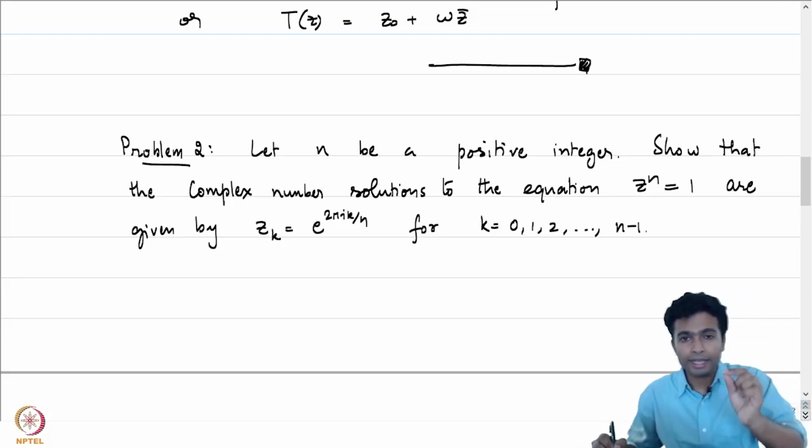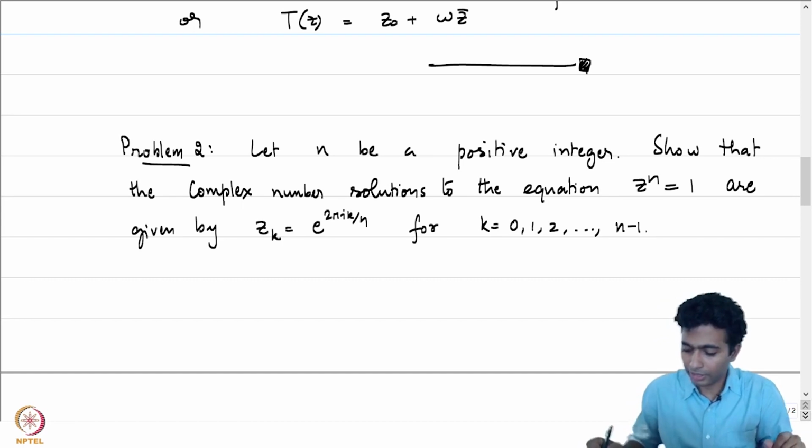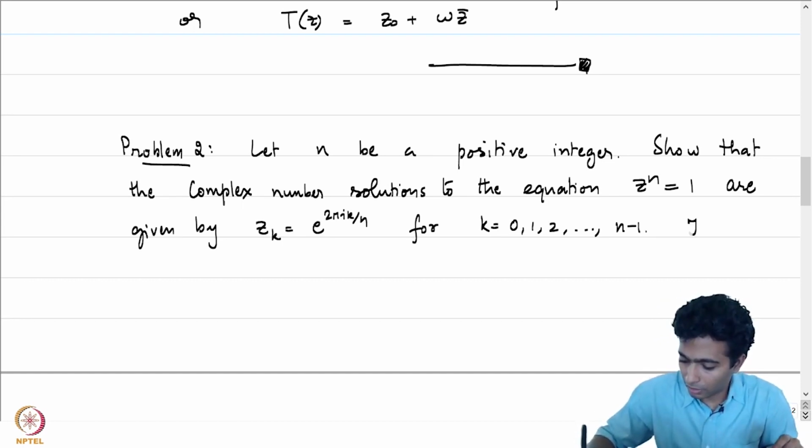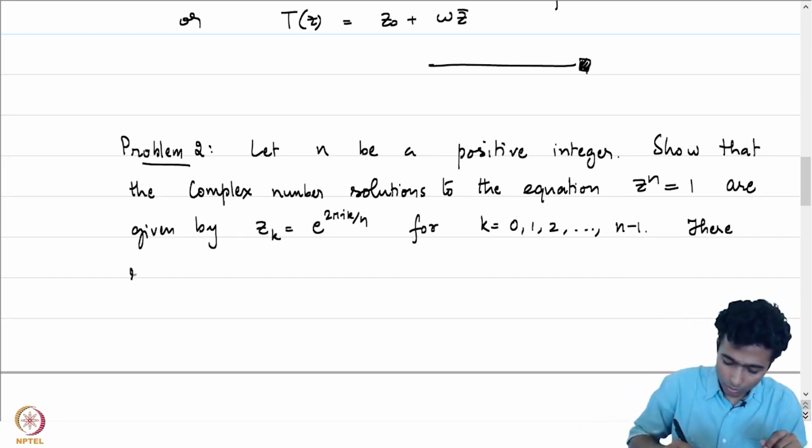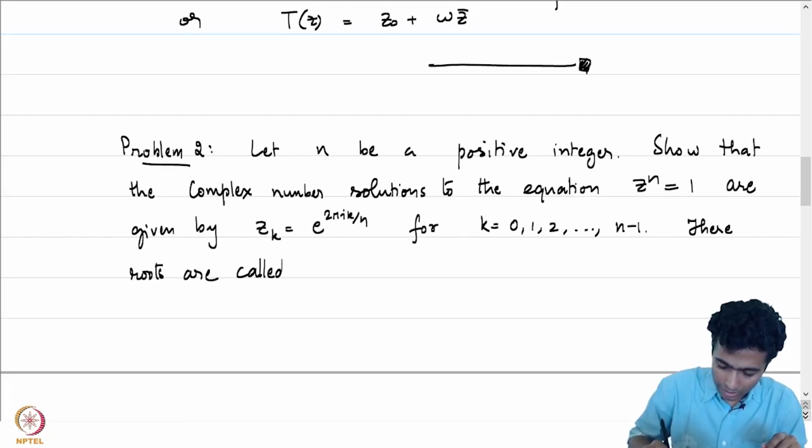So notice that there are n such roots of unity, and these roots are called the nth roots of unity.